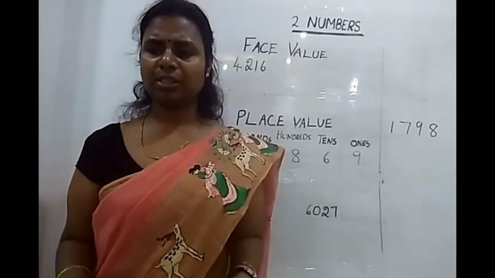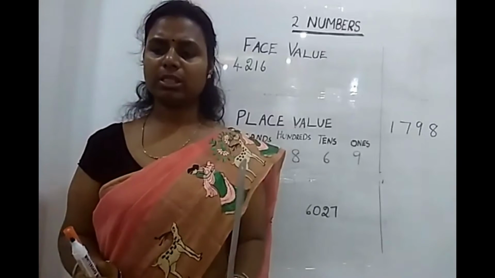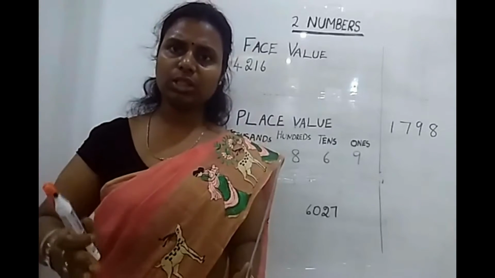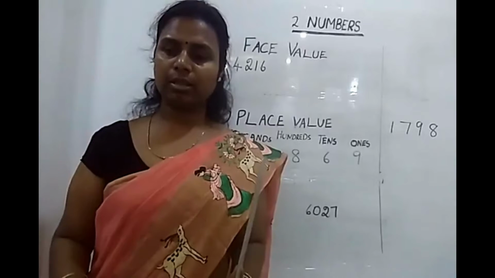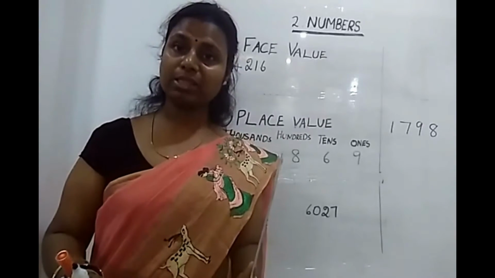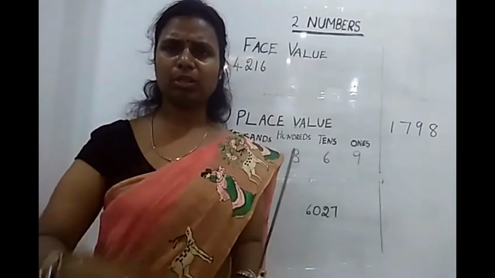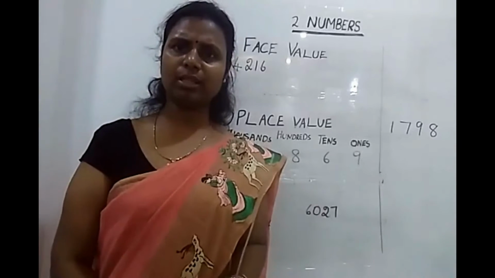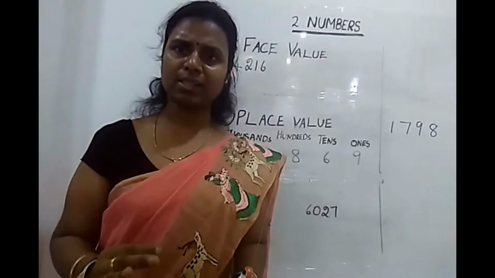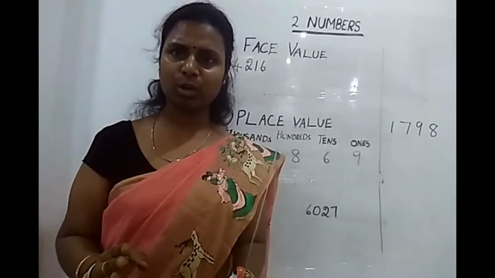Face value is the value of the digit itself at whatever the place it may be. Don't bother about the places. Already you have learned the places: ones, tens, hundreds, thousands, 4 places you have learned.